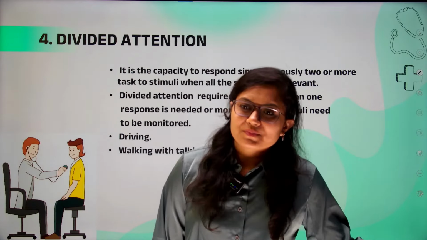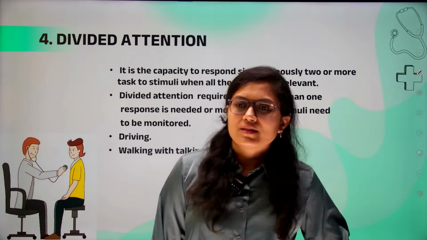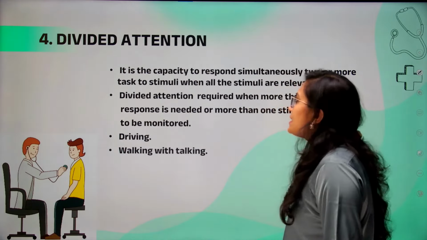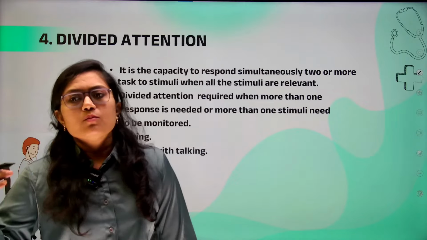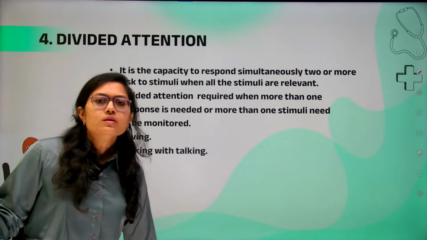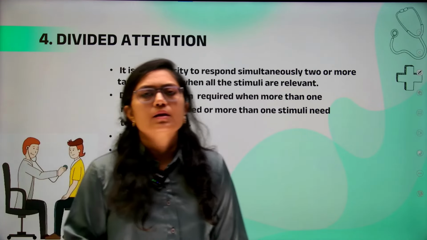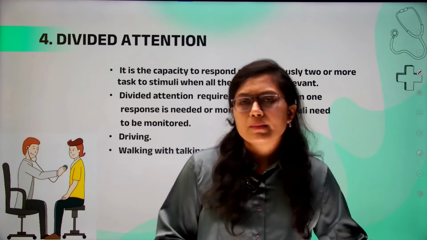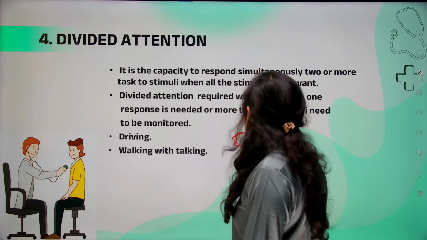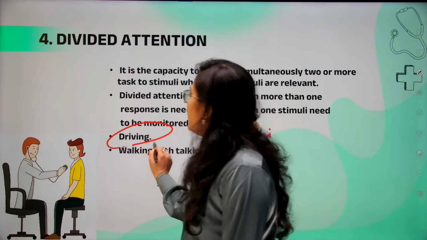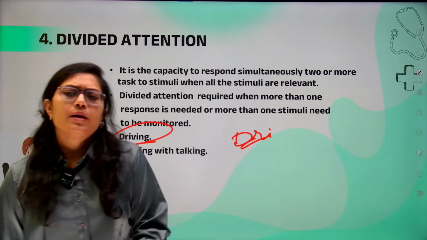Okay. Next is divided attention. So this is a capacity to respond to two or more different tasks or stimuli when we are giving a stimulus. The best example is driving. Fine. That is divided attention. What happens when driving?